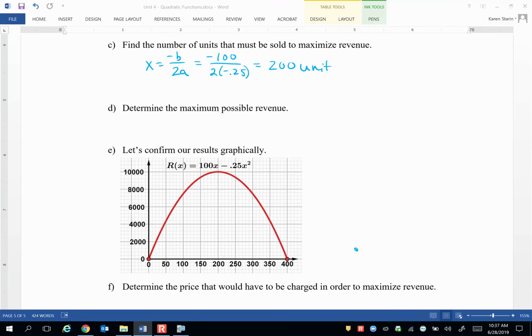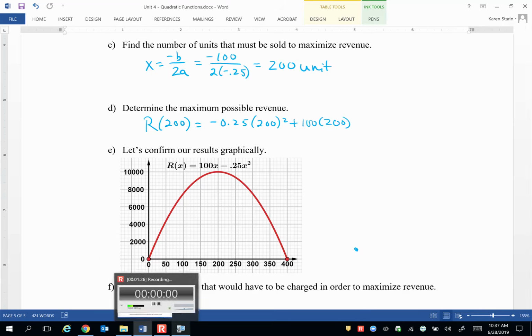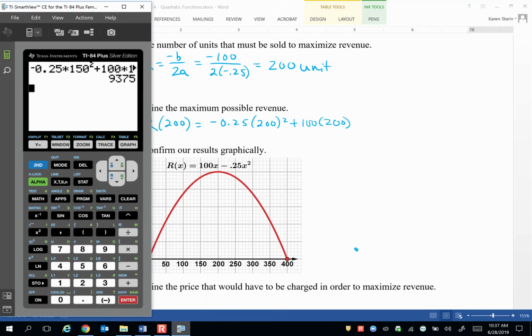That means we go to the revenue equation and evaluate it when x equals 200. So that would be negative 0.25 times 200 squared plus 100 times 200. Again, that would definitely be calculator time for me.